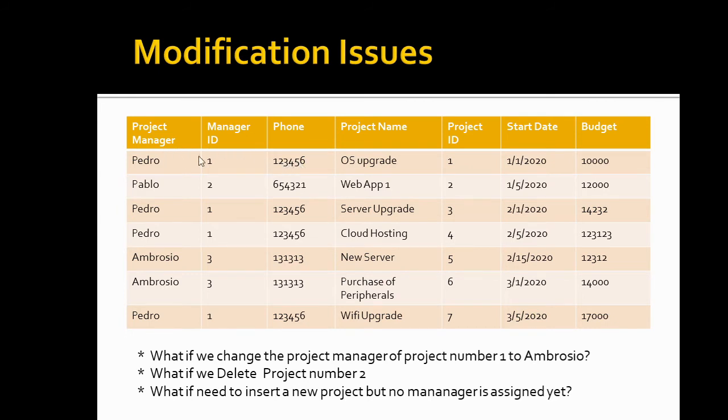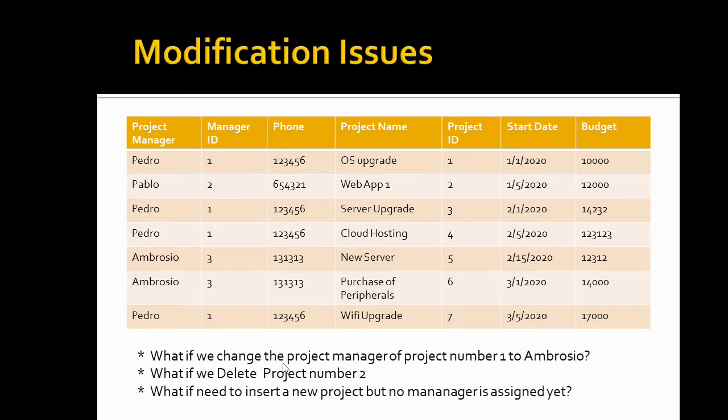So we have to change all of this. What if in the process of changing, you gave the wrong phone number or maybe the wrong manager ID? That's what we call the update anomaly.